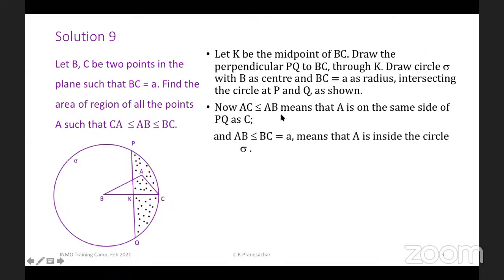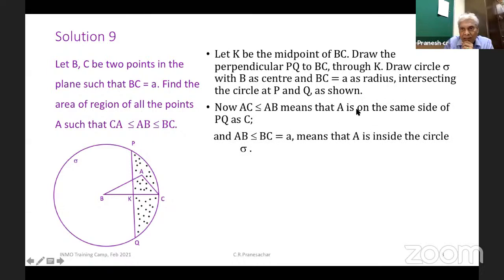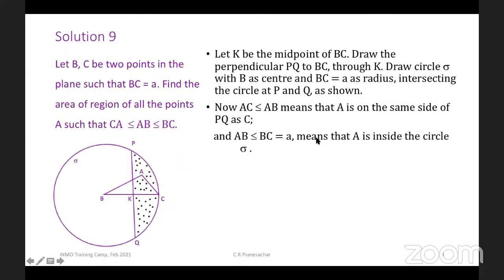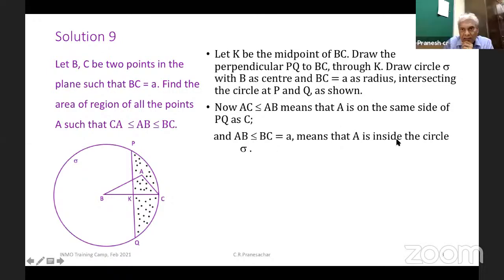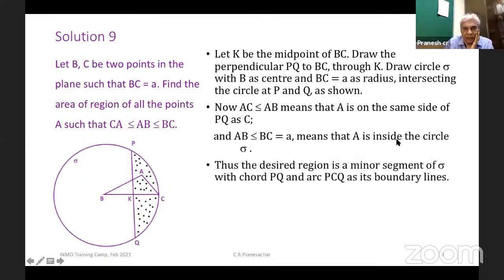CA less than or equal to AB means A is on the same side of PQ as C, and AB less than or equal to BC means A is inside the circle sigma. Therefore, the desired region is a minor segment of sigma with chord PQ as one of the boundary lines and arc PCQ as the other boundary line. So how does one find the area?